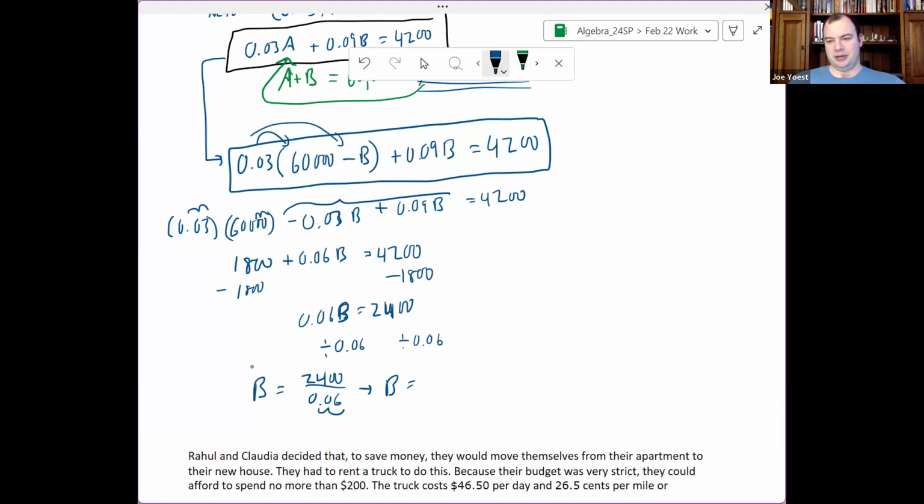If I multiply the top by 100, this is 240,000 over 6, or B equals 40,000.